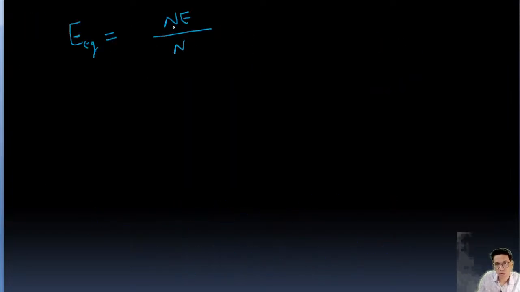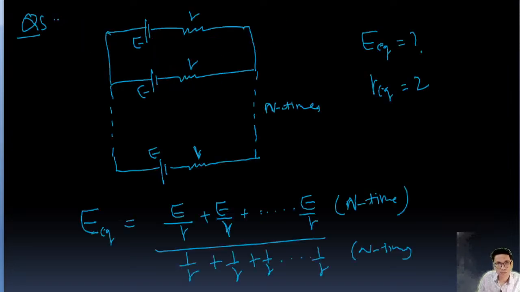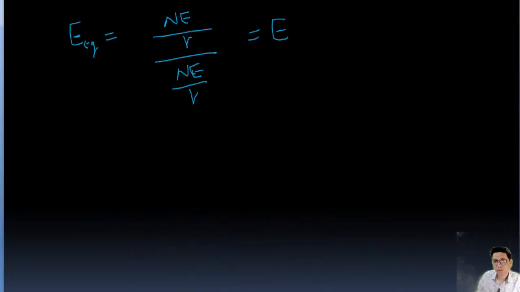So nE upon R upon n upon R. R will get cancelled and n will get cancelled. So this is going to be E. If this is the combination, E equivalent is going to be E. Very important. Yes, this is the answer, guys.